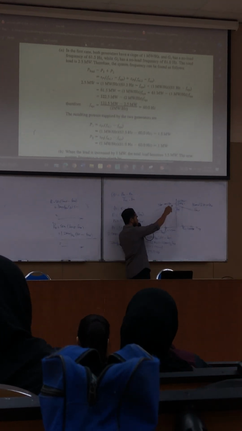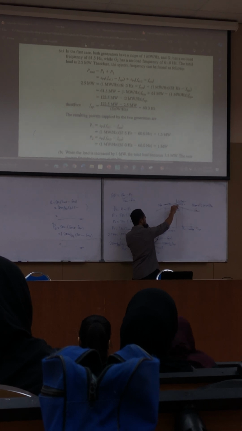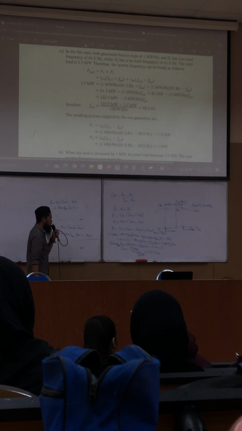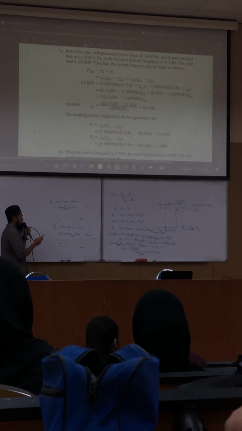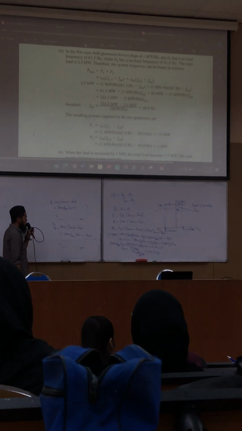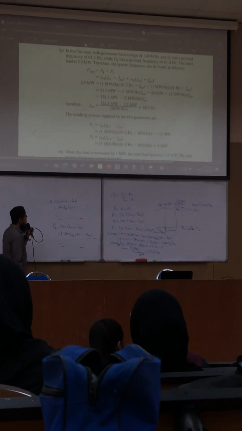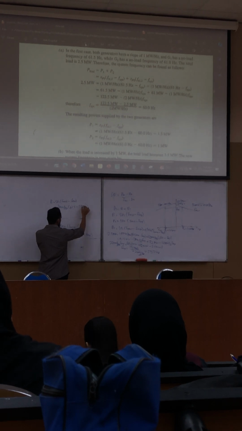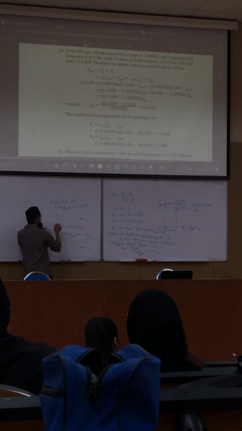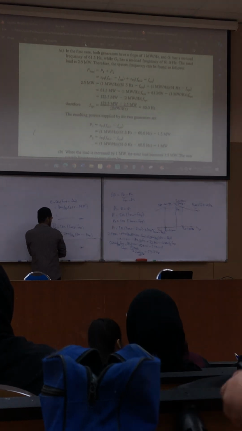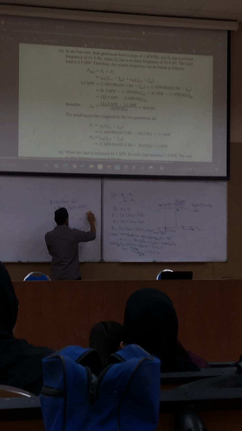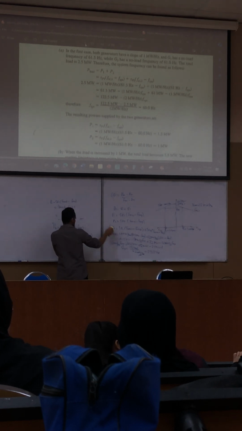61.5 is the initial no load, 60 is the initial no load for number 1. So they can reduce further down to the system frequency of 59.55 hertz. So how much is the sharing fraction of these two generators? With 59.55 system frequency, if you want to be precise, put the units in as well.